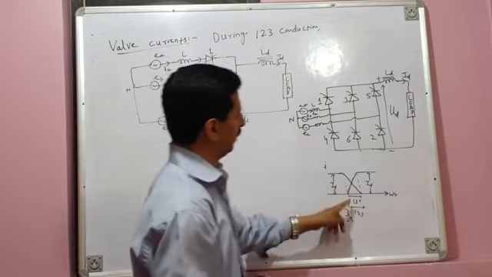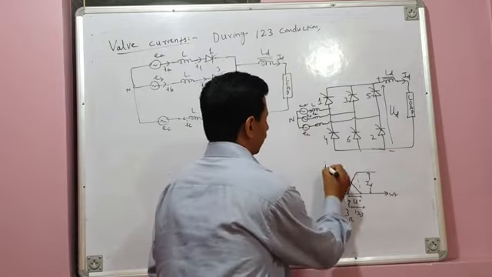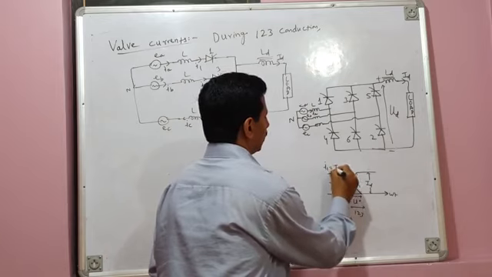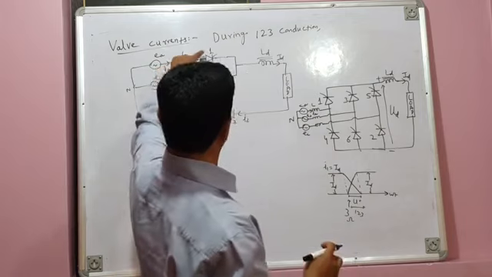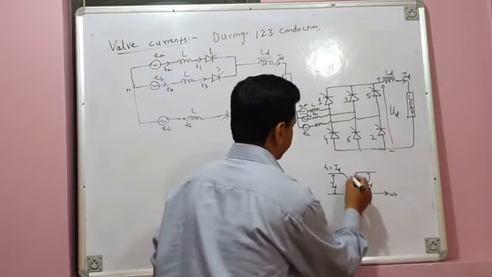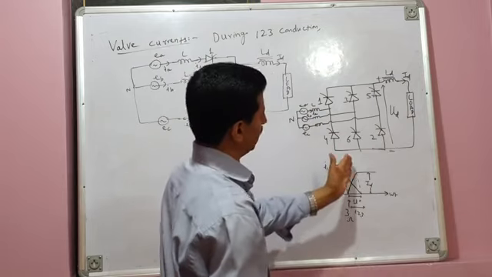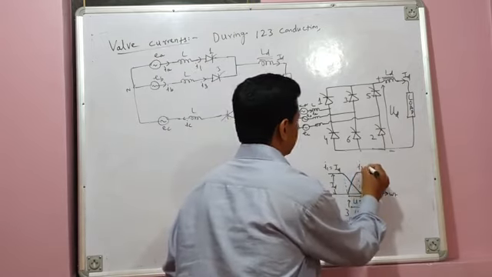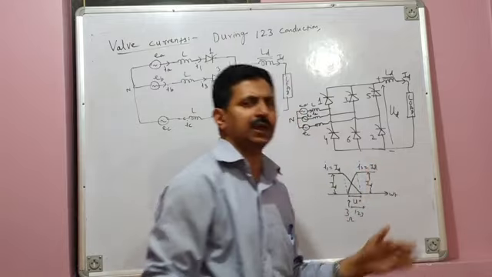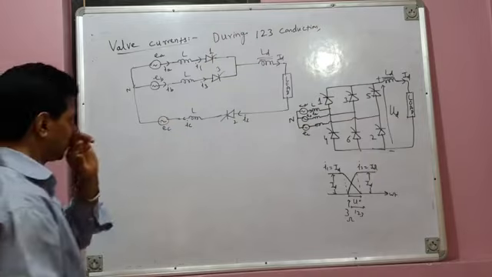There is commutation between valve 1 and 3. So before commutation, valve 1 is conducting, I1 is equal to ID. During commutation, both valves 1 as well as 3 are conducting, so I1 plus I3 is equal to ID. And after commutation, when commutation is over, 1 is out, 3 is in, so I3 is equal to ID. This we have already discussed on a number of occasions previously.